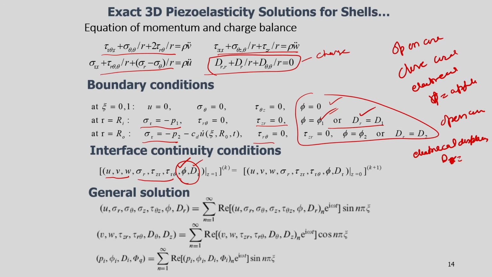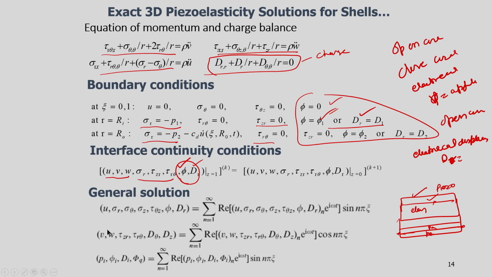These 2 variables come up when we have an interface of a piezo layer and, let us say, an elastic layer, and this is our piezo. Similarly, there may be 2 layers, or an interface between 2 piezo layers is also possible.